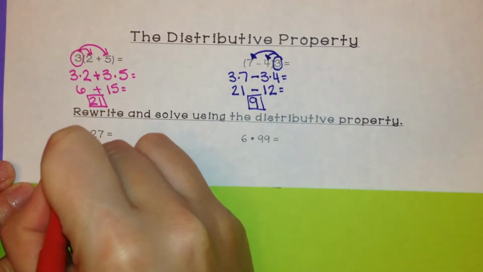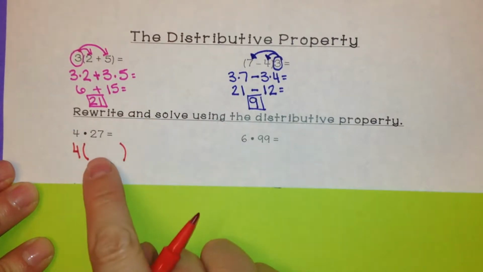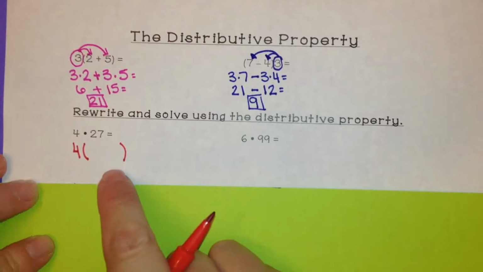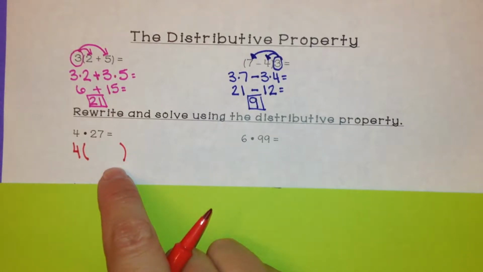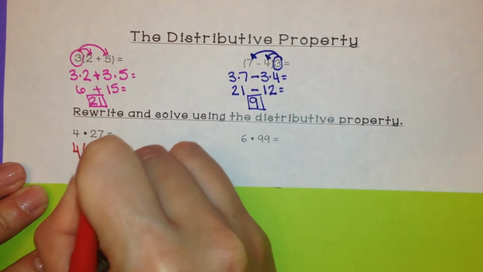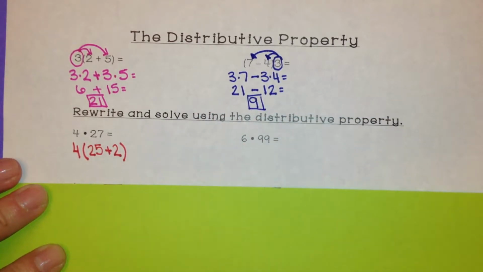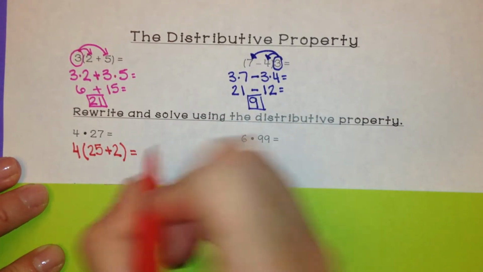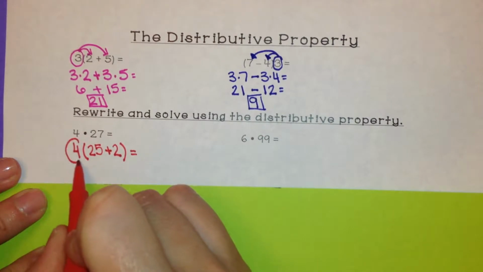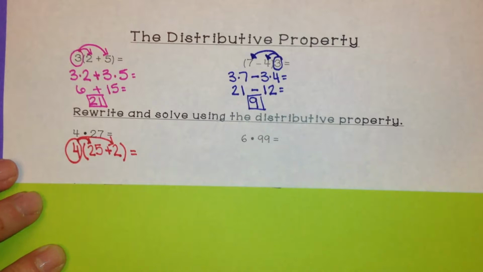So I'm going to bring down this 4, and I'm going to multiply it by something that will give me 27. Well, 25 times 4, I know off the top of my head, is 100. So if I break 27 down to 25 plus 2, I can easily do the mental math in my head. So now I can distribute this 4 on the outside, multiplying it by everything inside.